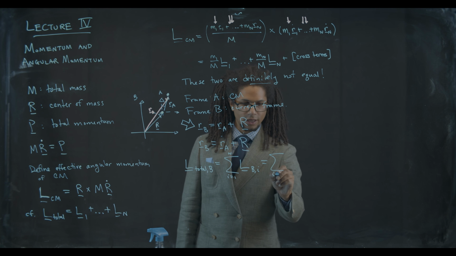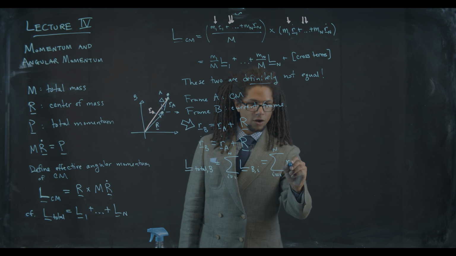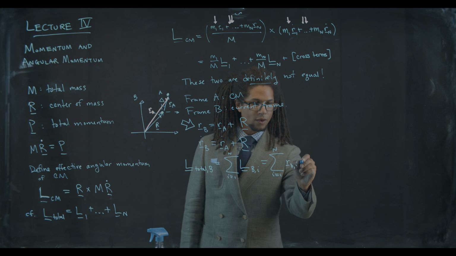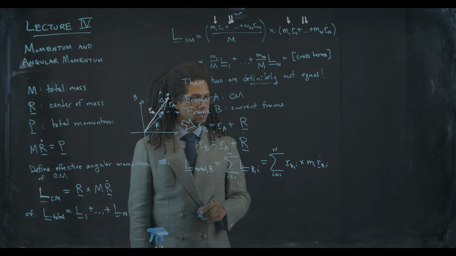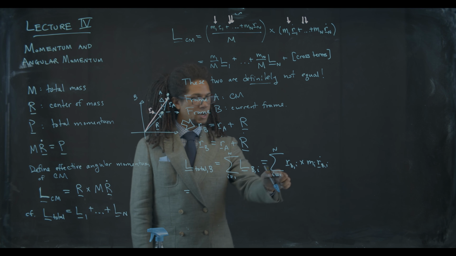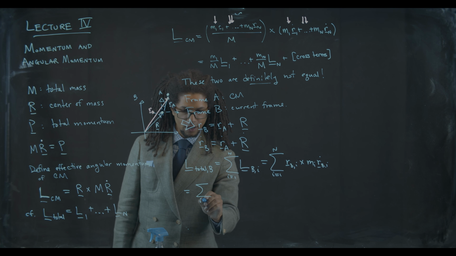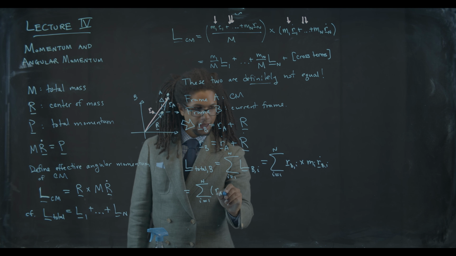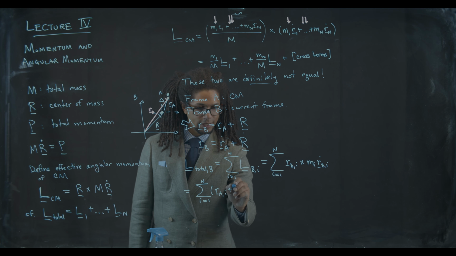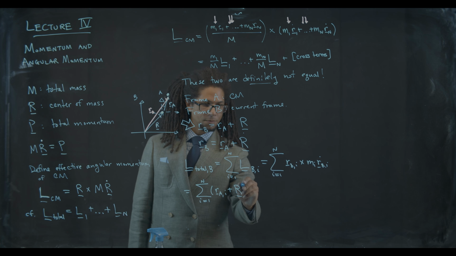Okay, so I'll get this sum from 1 to n of R_B,i cross m_i R_B,i dot. Good. Now I'm going to re-express each of these in terms of A. i goes from 1 to n of R_A,i plus capital R. Now note that this doesn't depend on which mass we're talking about.